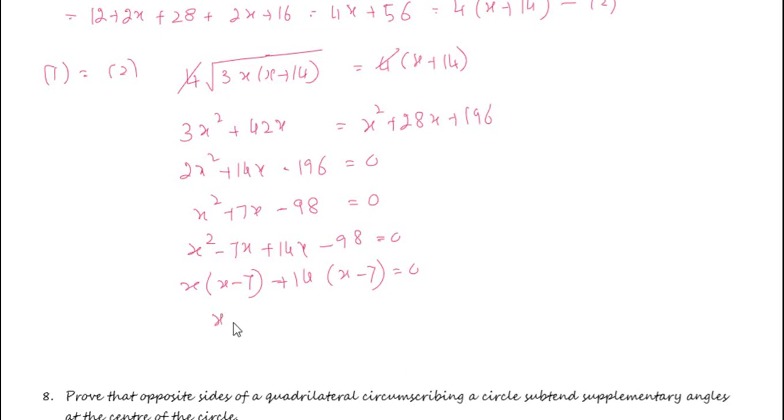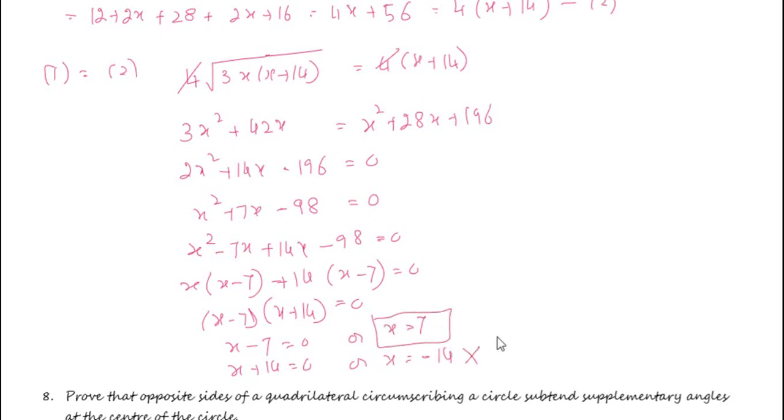Taking x minus 7 out, x minus 7 into x plus 14 equal to 0. Therefore x equal to 7 or x equal to minus 14. X is the length, so it cannot be negative, so we cannot take this value. So x value is 7.